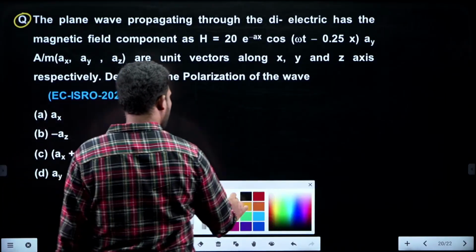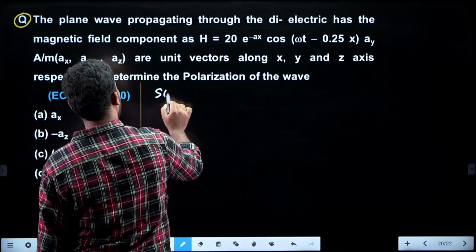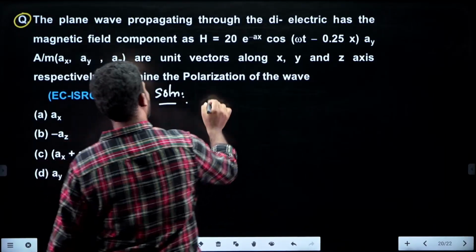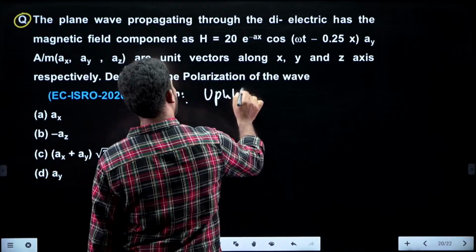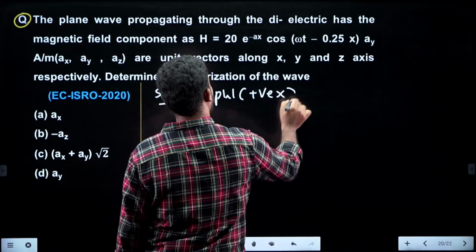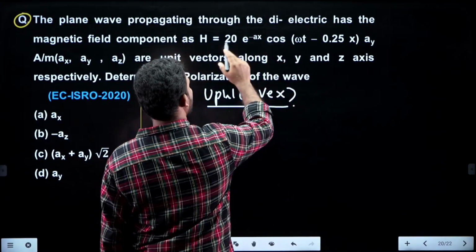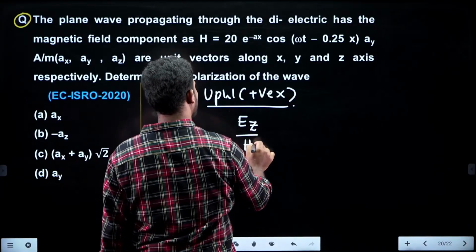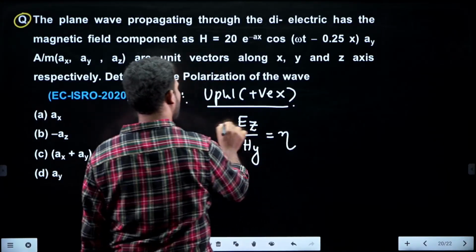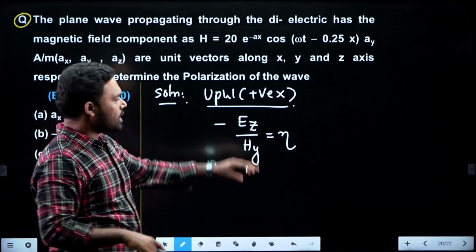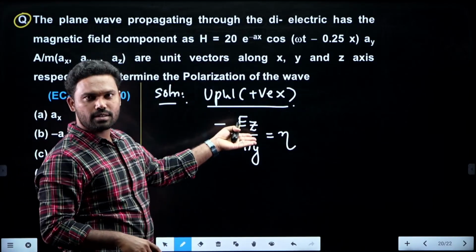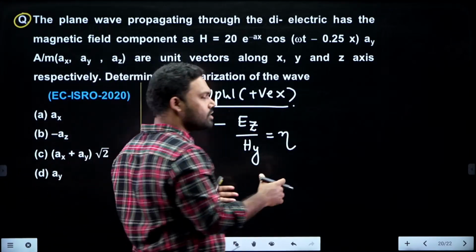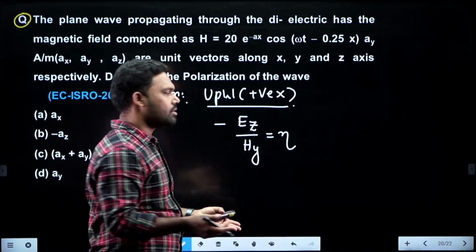Here the magnetic field is given, that too a uniform plane wave (UPW) traveling in the positive x direction. So magnetic field is y, so the electric field is z. So E z by H y is equal to eta. It is a minus here. So what is its corresponding electric field? It is a minus z.